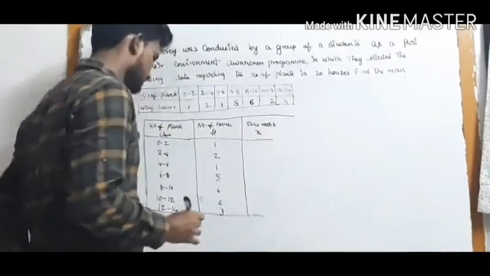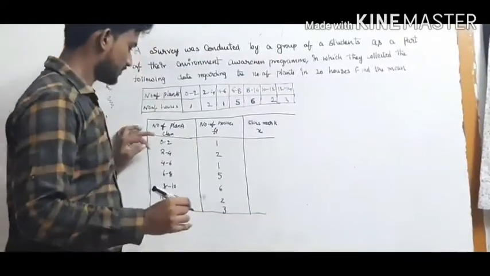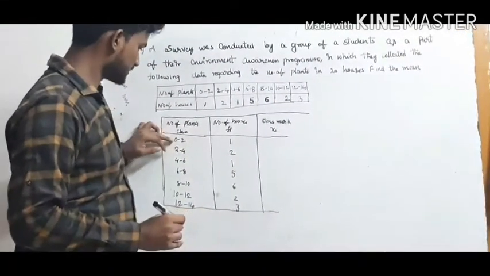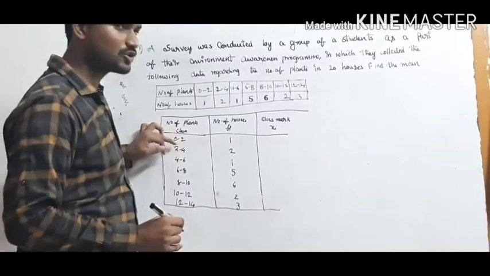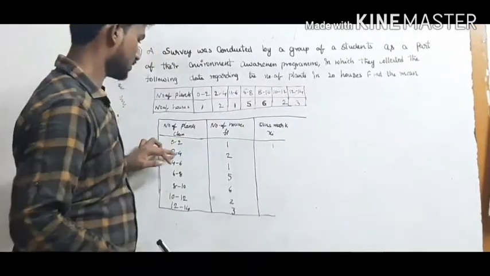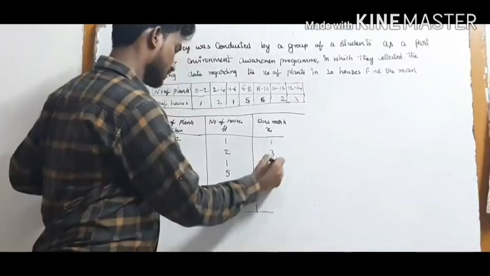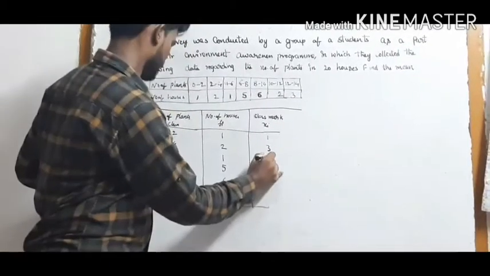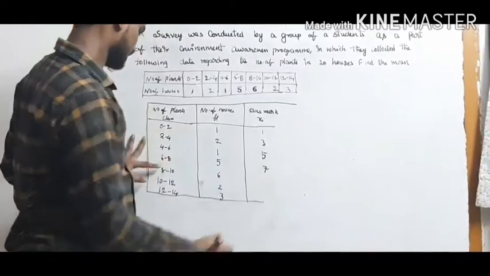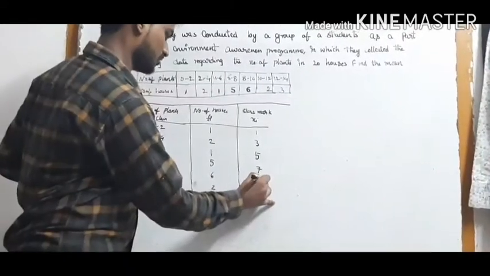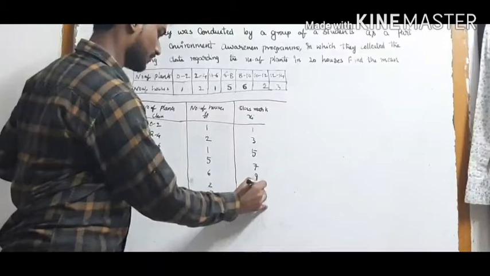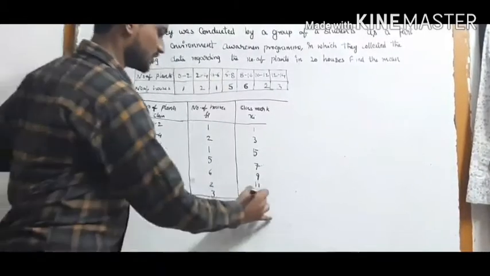Class mark means the middle of the class: 0 to 2 is 1, 2 to 4 is 3, 4 to 6 is 5, 6 to 8 is 7, 8 to 10 is 9, 10 to 12 is 11, and 12 to 14 is 13.